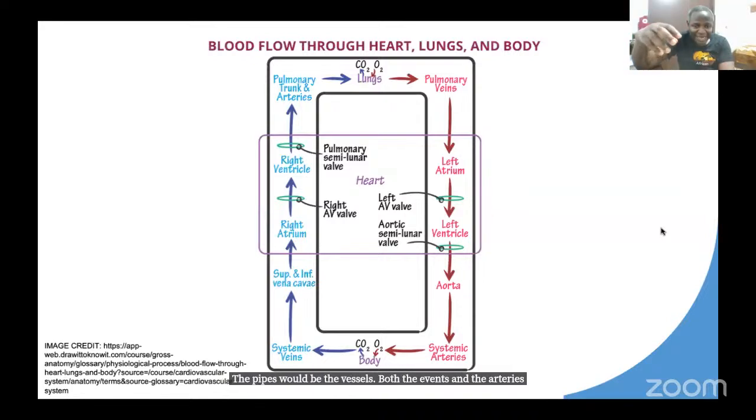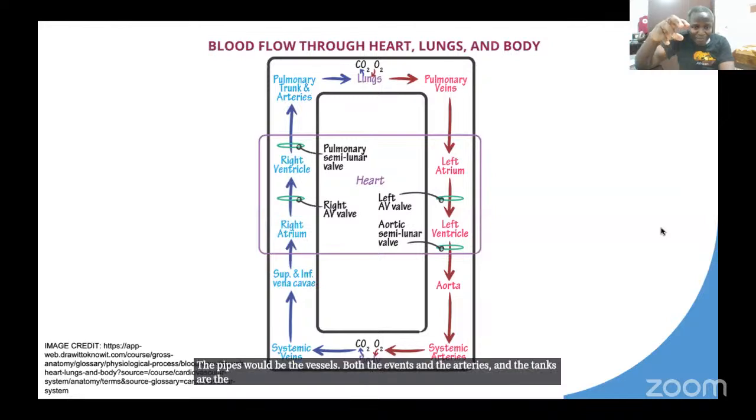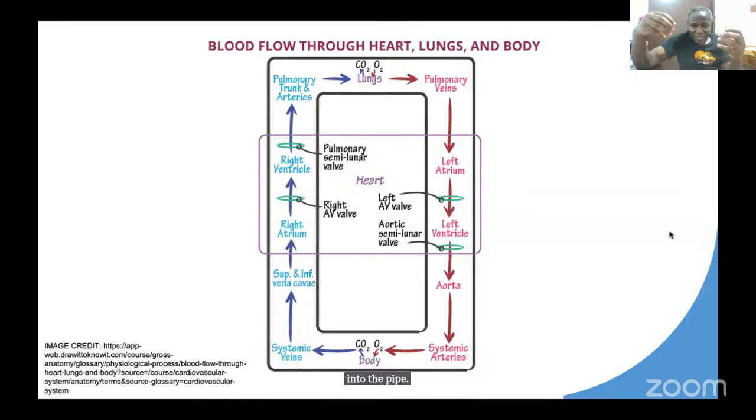And the tanks are the pulmonary tank, where there is exchange, and the capillary tanks in the tissues, where we pump the arterial blood for exchange. So we have the pump, which is the heart, left and right ventricle, pumping into the pipes, which are the vessels, pulmonary arteries, the aorta and the systemic circulation. Then the body and the lungs are the tanks.